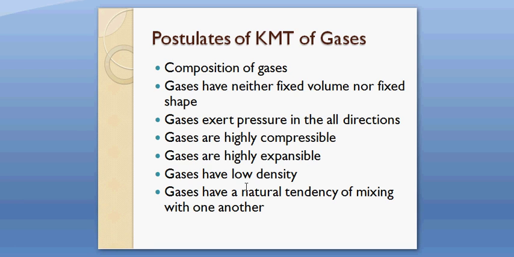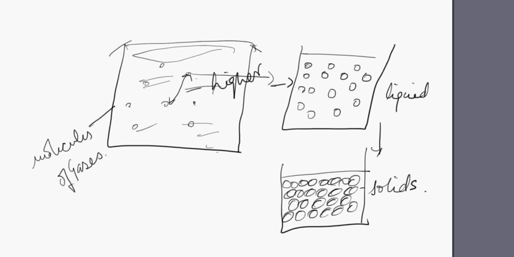The sixth postulate says that gases have low density. What is density? The mass of gas per unit volume is very small due to the large intermolecular spaces between the molecules. Thus, gases have low density. Let's see from the example of the three vessels.